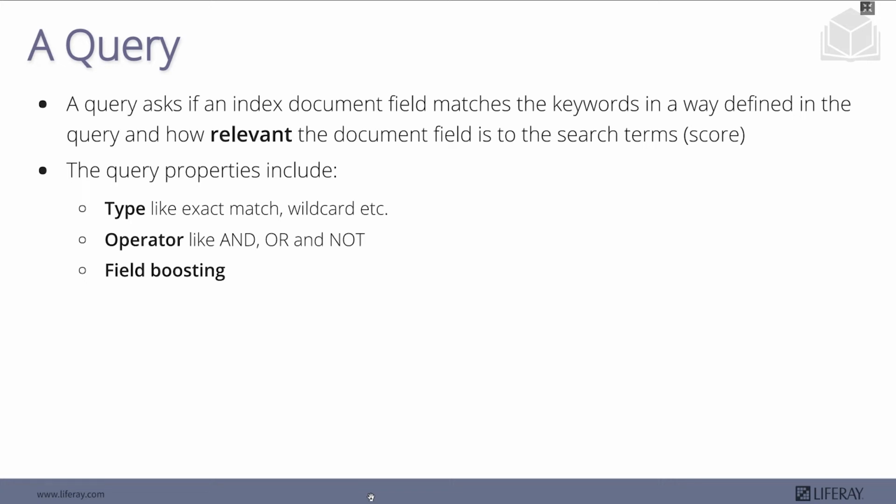In the query, there can be specific types, like it has to match exactly as is, or maybe there's a wildcard saying, this term and everything else that comes with it will be accepted as well. You can have operators, so you can say this and that, or this or that, or this but not that, right? To help kind of filter out.